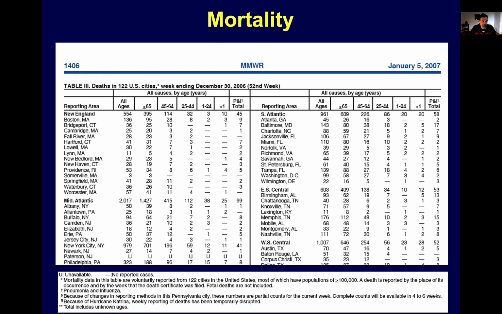And here's an example of deaths. Every week, there's a table that includes deaths from 122 US cities, broken out by age, and also included are the deaths that are due to pneumonia and influenza, or P&I.